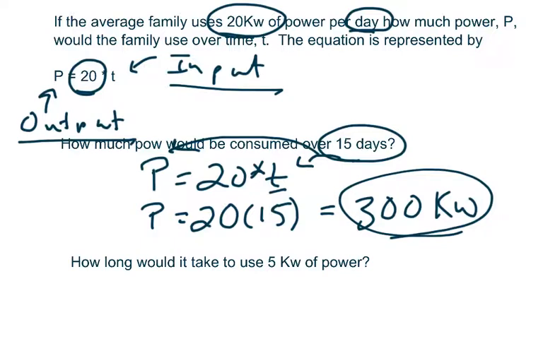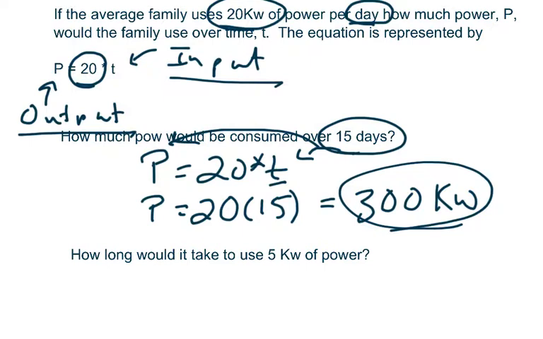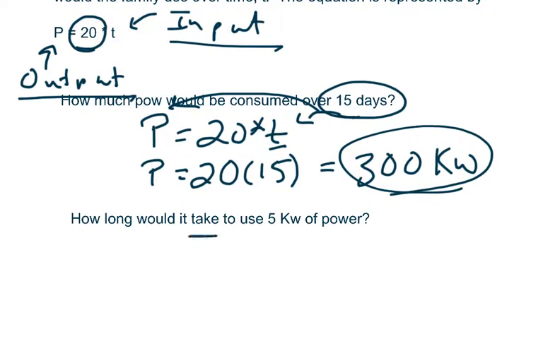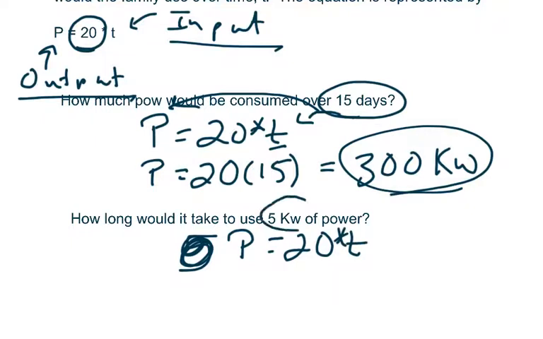So another thing we have to look at then is how long would it take to use 5 kilowatts of power? Well, to do that then, let me back up here. We're going to have power equals 20T again. Except if we have 5 kilowatts of power, this time it's going to go into the P. So we have 5 equals 20T.